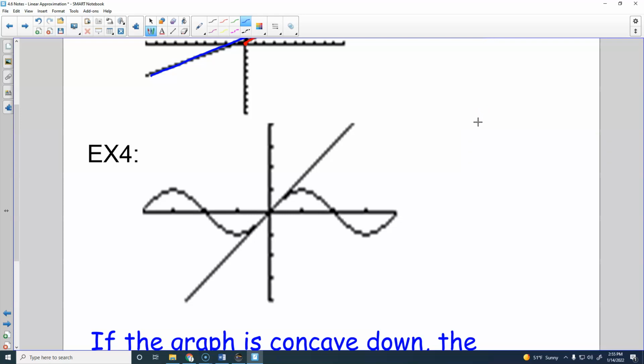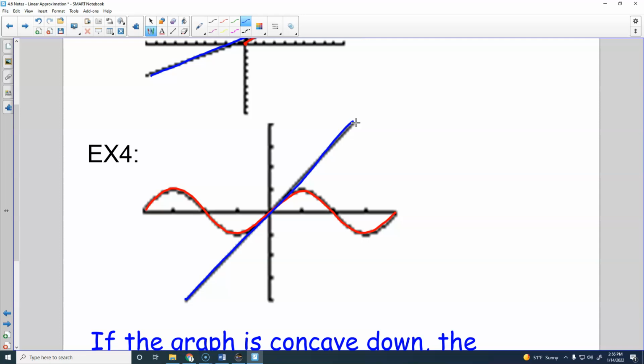All right, so if I have this graph, this is the graph of sine, it looks like. Let's look at this tangent line. Do you have an overestimate or underestimate that's consistent?